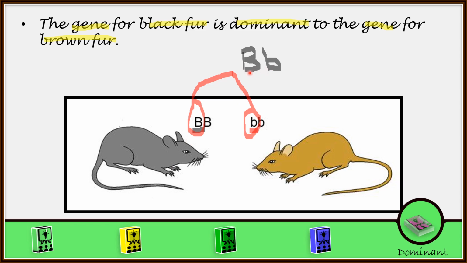And this capital B is for black fur, and small b is for brown fur. That means that now this combination we are having here, because capital B is dominant to small b, we shall have black fur.